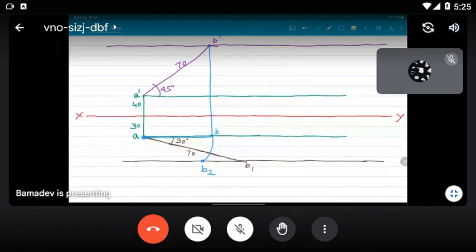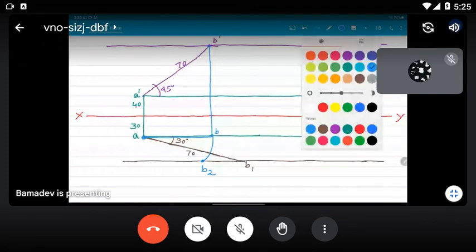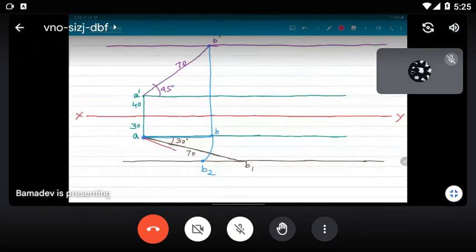Now, AB2, right? So here AB2 is your top view.